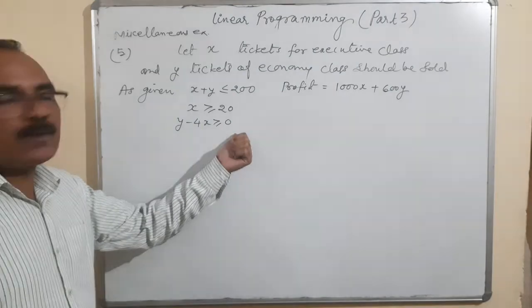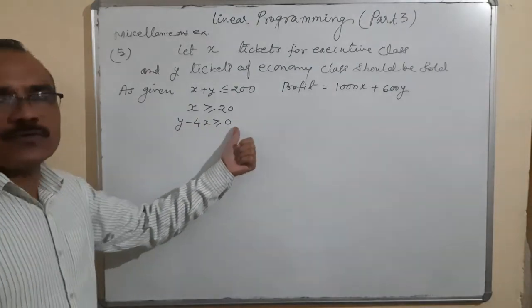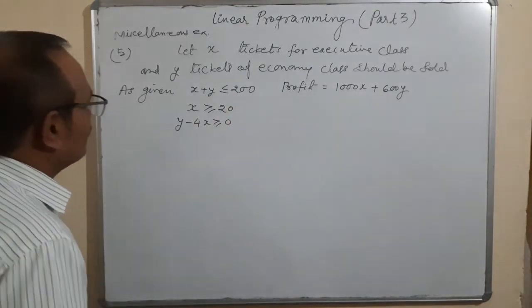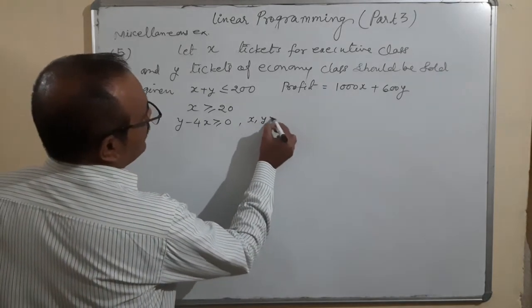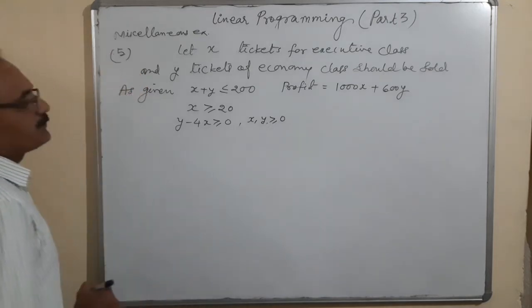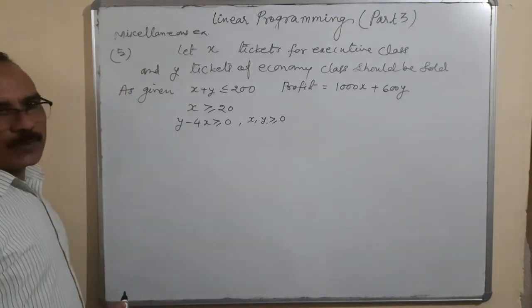This condition will come, or you can write y is greater than or equal to 4x. Same thing. And one more condition is x, y is greater than or equal to 0. Got it?